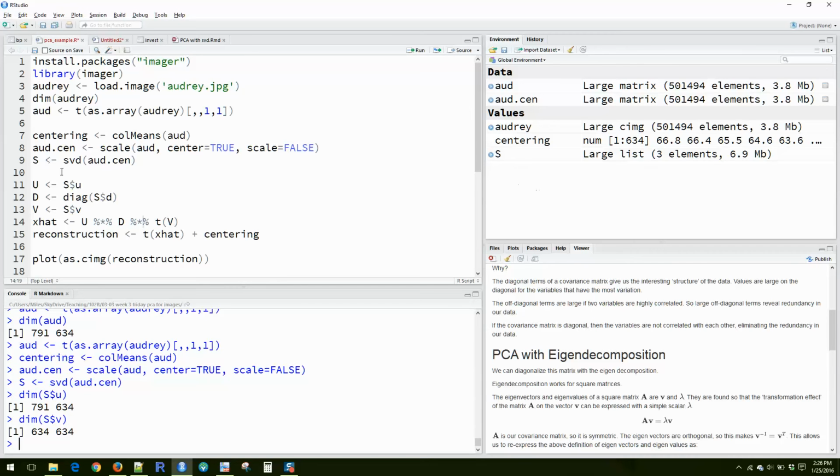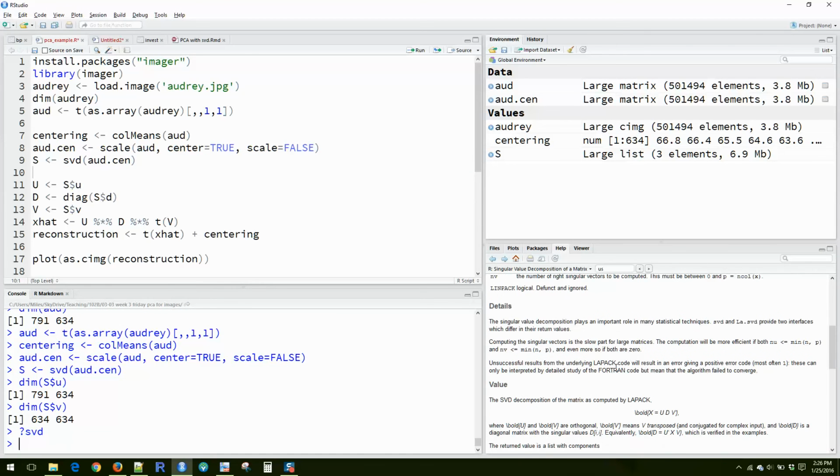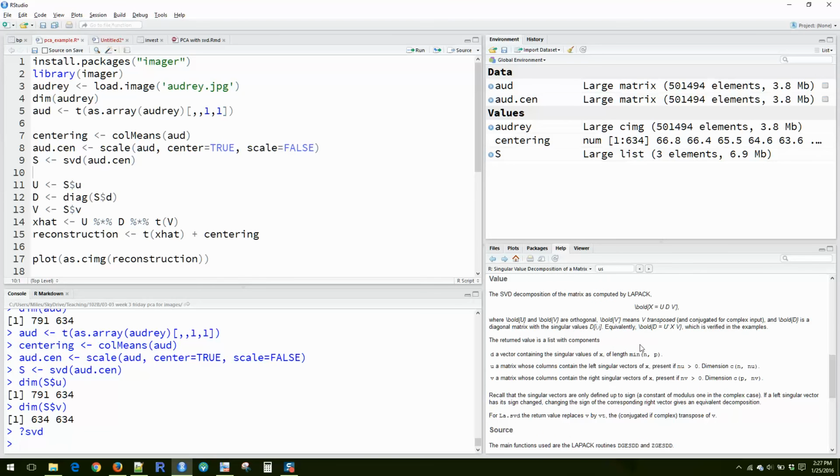So S is the result of singular value decomposition, okay? And we can ask what SVD does, and it returns back U, D, and V, and we can ask for each of these things.